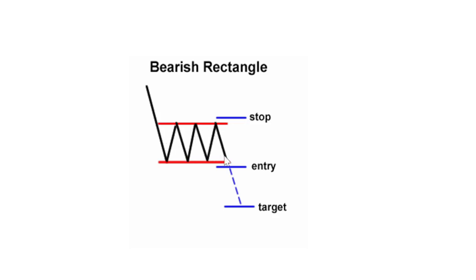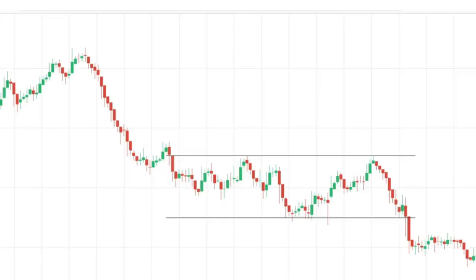It's the same way we can enter the trade for a bullish rectangle. It's the same way we can enter the trade for a bearish rectangle, right? So our entry will be here, just below this line. Our target price will be the distance from this price to this line here. So on a chart, this is how we can see a bearish rectangle.